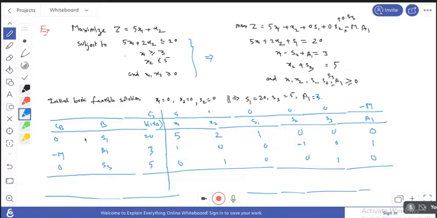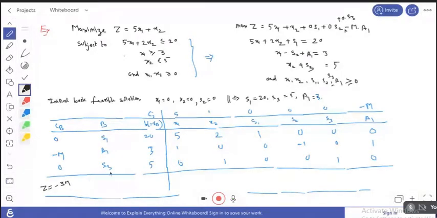Now compute the value of z. Here x1 is 0, x2 is 0, s1 value is 20 but 0 into that, 0 into s2, 0 into s3, so simply minus M a1. So this value is minus 3M.